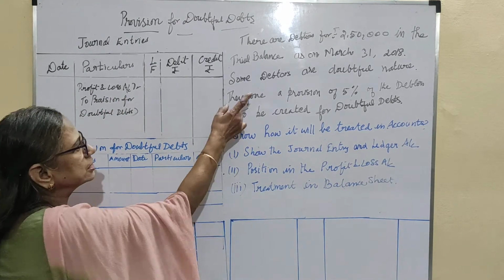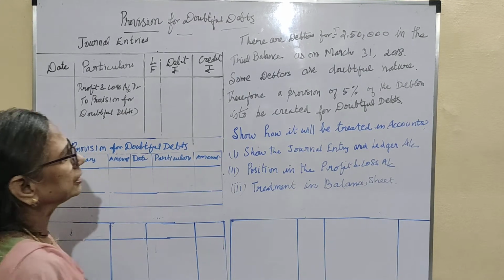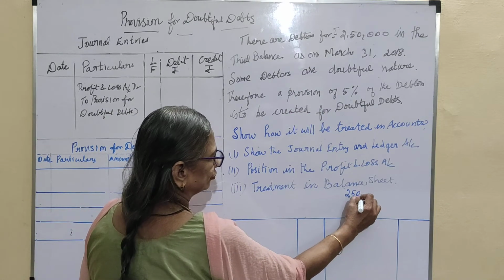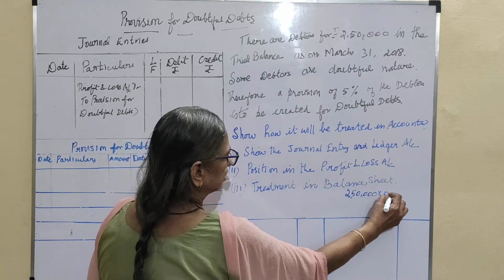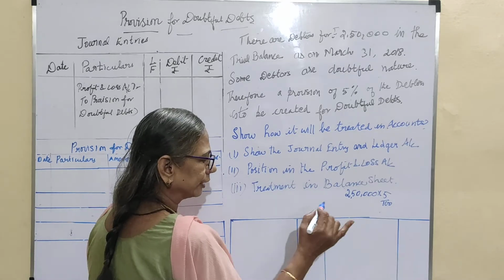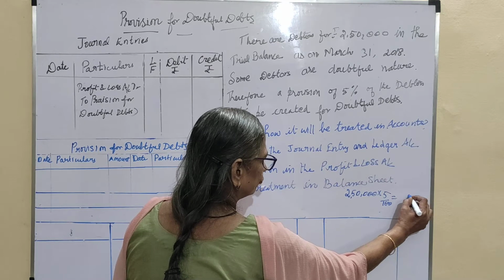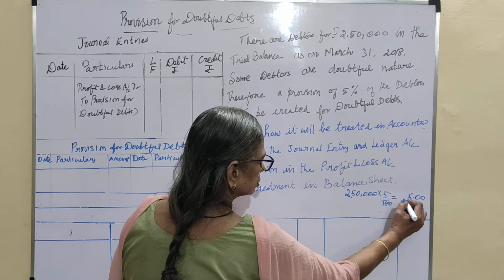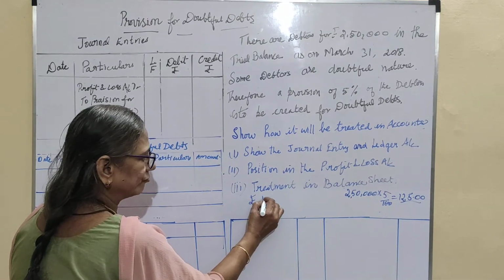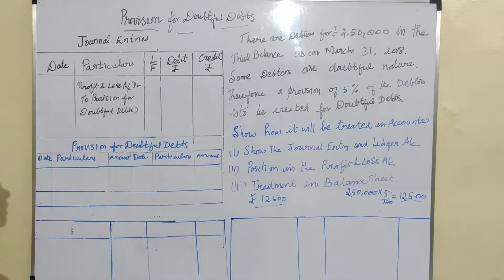Now let us calculate from this problem: 5% on 2,50,000. Total debtors are 2,50,000 and 5% are doubtful debtors. We are creating a provision for them. Cancelling two zeros, 5 times 2,500 is 12,500. Rupees 12,500 we are creating as provision for the overall 2,50,000 debtors.